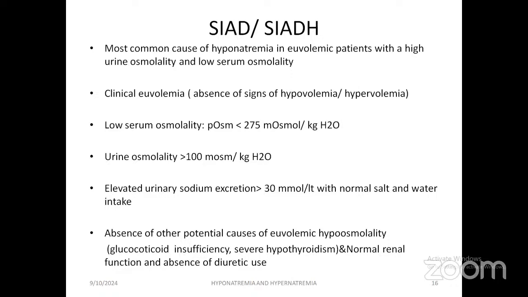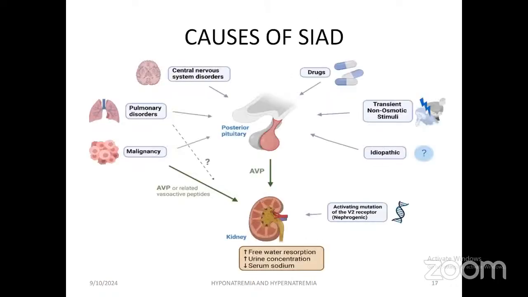The diagnostic criteria are: patients are usually euvolemic, there is low serum osmolality, urine osmolality is high, that is greater than 100, and there is elevated urinary sodium excretion greater than 30 millimoles with normal salt and water intake. There should be absence of other potential causes of euvolemic hypoosmolality like glucocorticoid insufficiency or severe hypothyroidism, normal renal function, and absence of diuretic use.